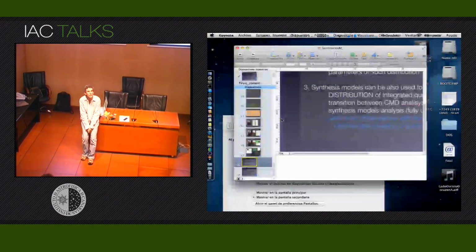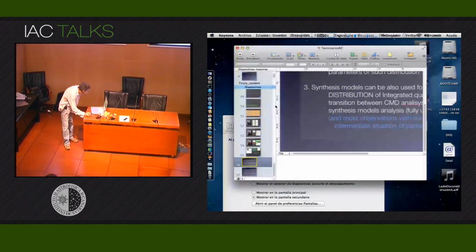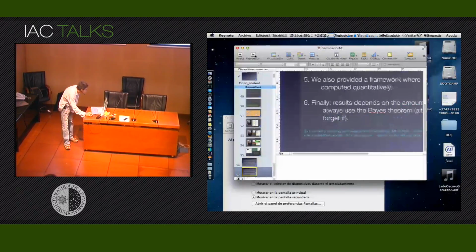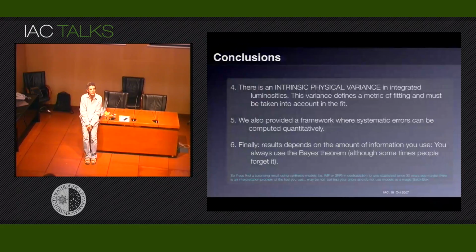I totally agree with your last point number 6, in the sense that we always use Bayes' theorem, even if we are not aware of that. During your talk, I was thinking, look, this is the typical kind of inversion problem in which a Bayesian framework could be used. And at the end, you have shown some results.